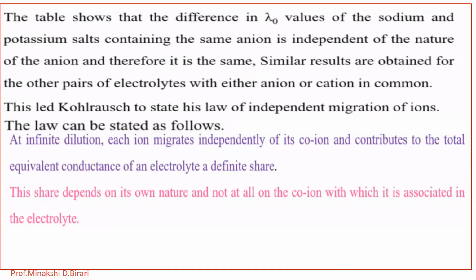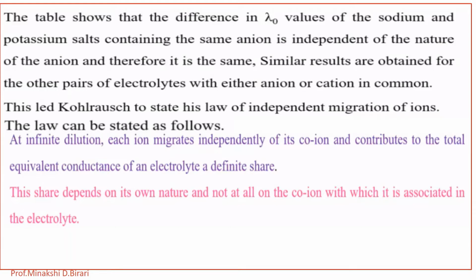According to this law, the statement says that at infinite dilution, when ionization of weak electrolyte is complete and all interionic effects disappear, each ion migrates independently of its cation and contributes its definite share to the total equivalent conductance, and this share depends on its own nature and not at all on the cation with which it is associated in the electrolyte.